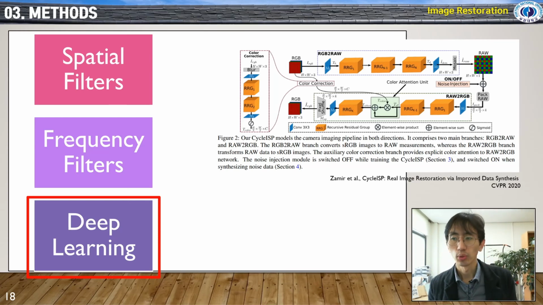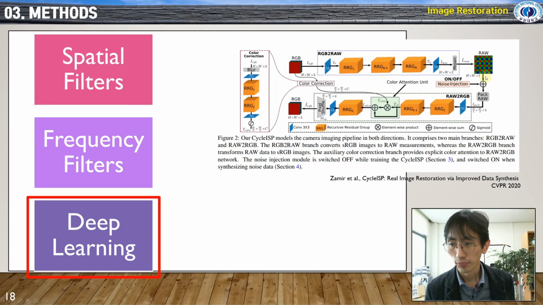We can easily separate the noise in the feature space, because we use deep learning to make the separation easier than in the previous space.